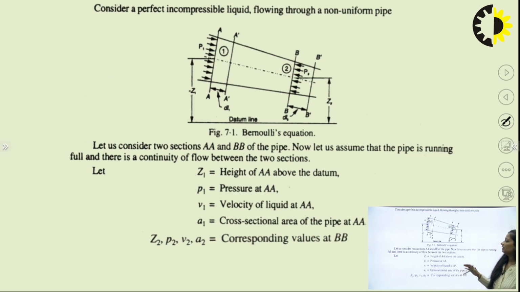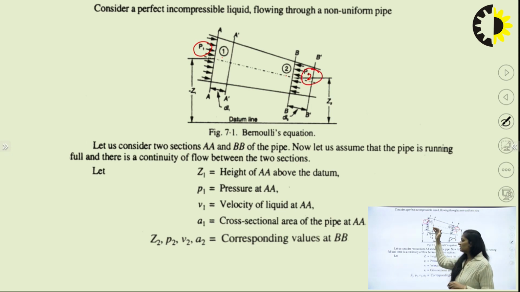Now just consider a section of pipe. Here you can see section number 1 and here section number 2. On both sections some pressure intensities are acting. Let us suppose the pressure at section 1 is P1 and the pressure at section 2 is P2.